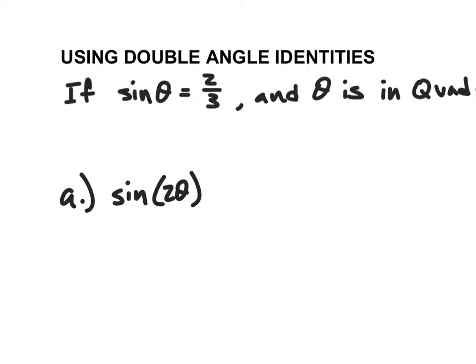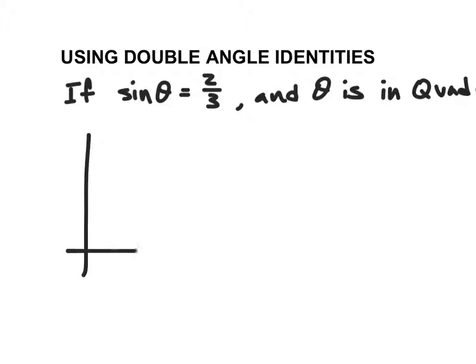All right, so before we do anything, I'm going to erase all this real quick. Okay, let's draw this picture out first, and let's figure out the other sides of this triangle.